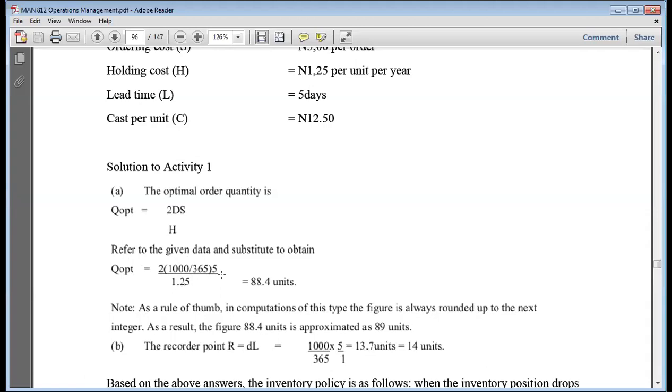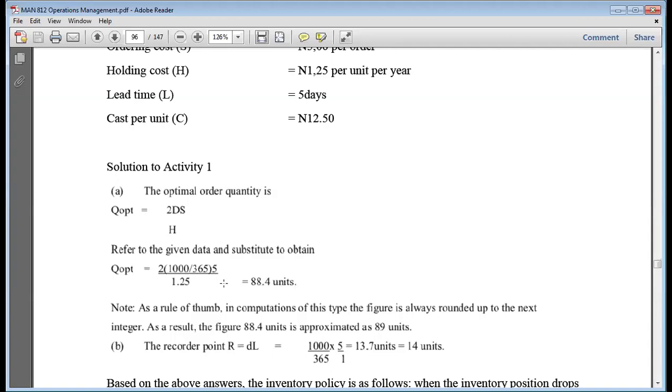When you solve it, you will get about 8,000. Then the square root of that, you arrive at 89 point something, which we round to 89 units. So what they solved here is wrong.